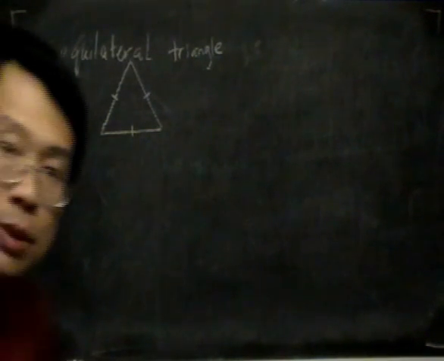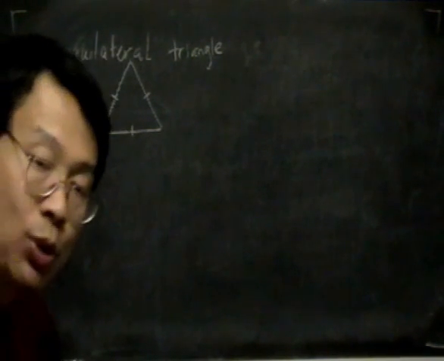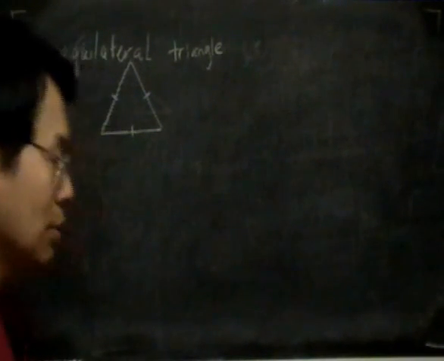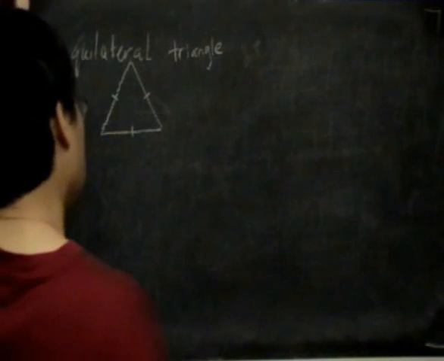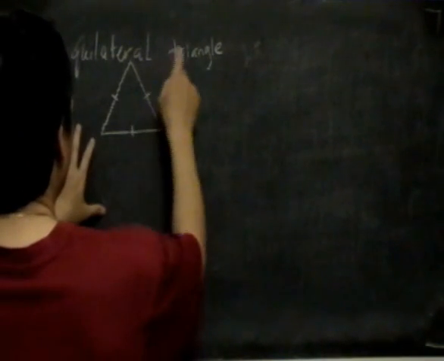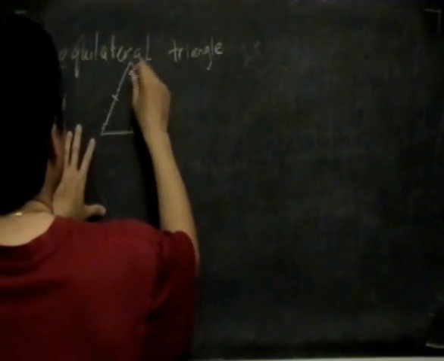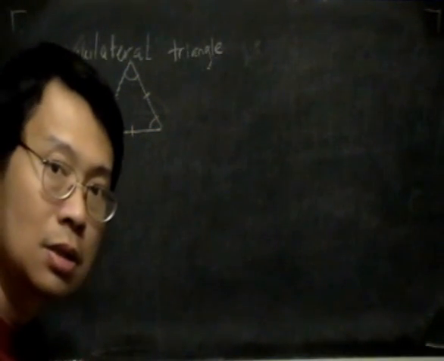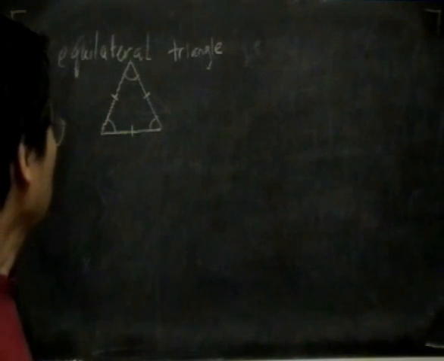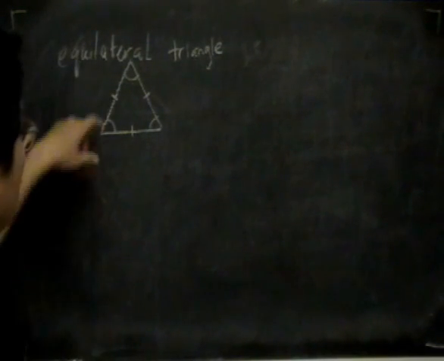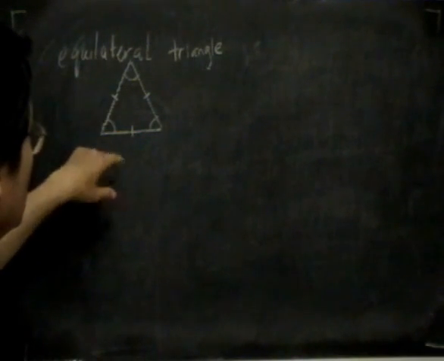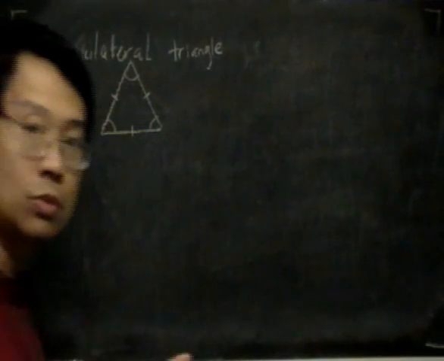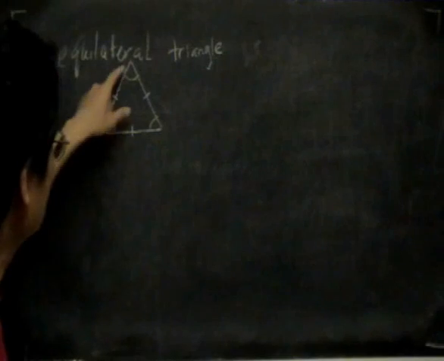Now there is something special about an equilateral triangle that I will explain more about why later on, but I'm just going to say that in an equilateral triangle, all the angles are equal. Okay, we can understand that because if all the sides are equal, then each angle will look symmetrical to the other.